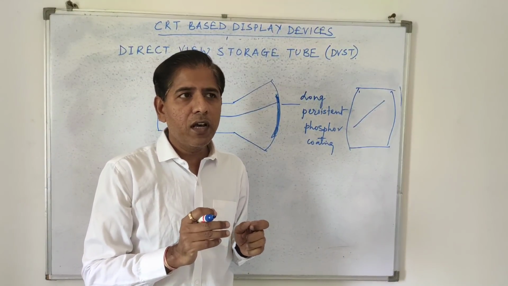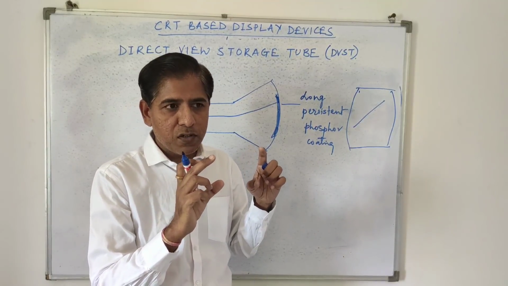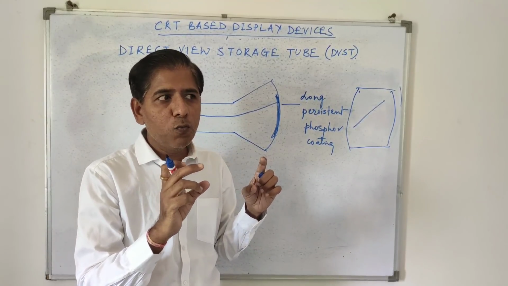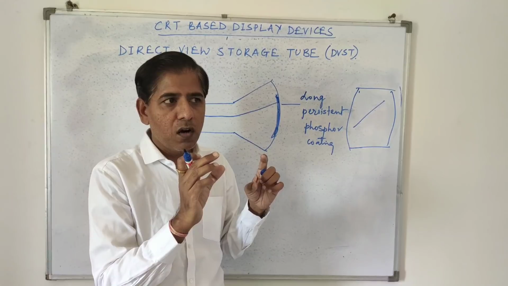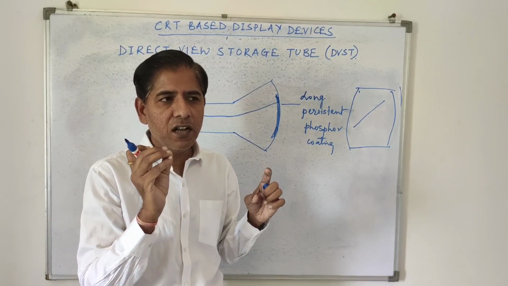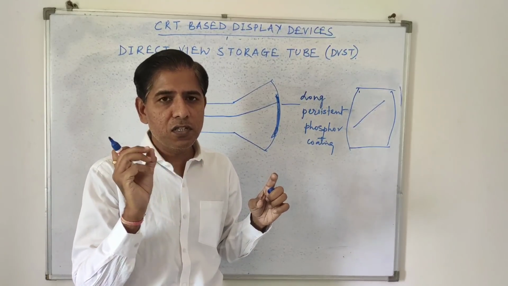Flickering is a phenomenon. If you capture your TV screen using a mobile, and then you play that video in slow motion, then you can see that the TV screen appears and diminishes continuously.